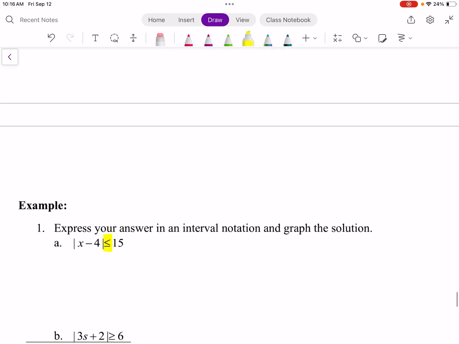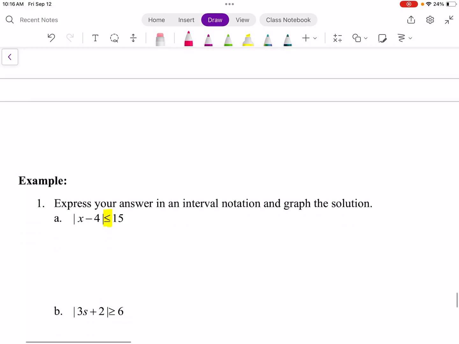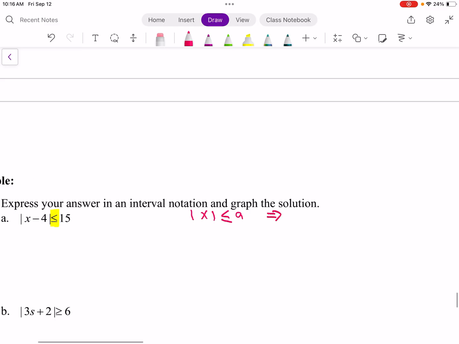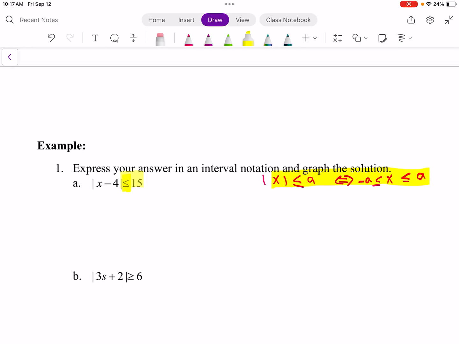So according to this definition, we have absolute value of x less than a, or since we have equals to, let me add equals to. Now we can rewrite this as x greater than or equal to negative of a, and less than or equal to positive of a. So this is the definition we will use to rewrite this absolute value inequality in terms of linear inequality. At first, write down whatever you have inside this absolute value sign.